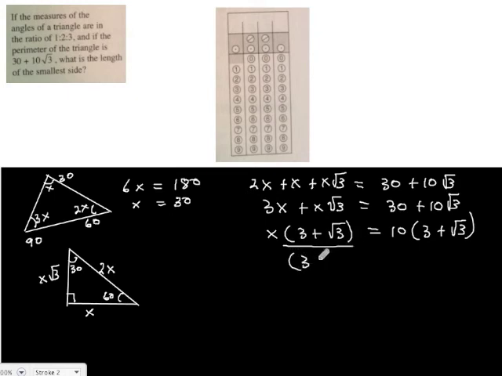Divide by 3 plus root 3 on both sides, and you have the smallest side, which is x, is simply 10. And you want to put 10 here and make sure you bubble it carefully, and that's your final answer.